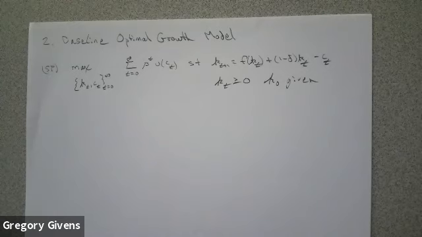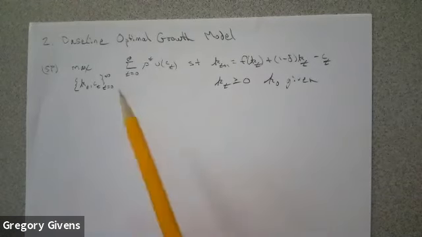Today I want to step back a little bit and look at this baseline growth model that doesn't impose so many tight restrictions on preferences and technologies, to see what kind of properties we can derive from this model.